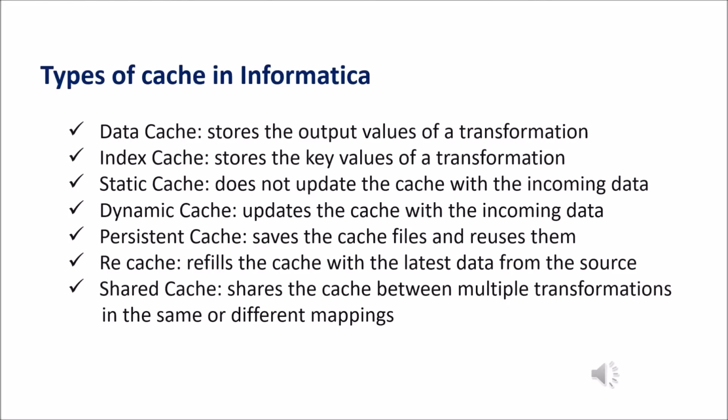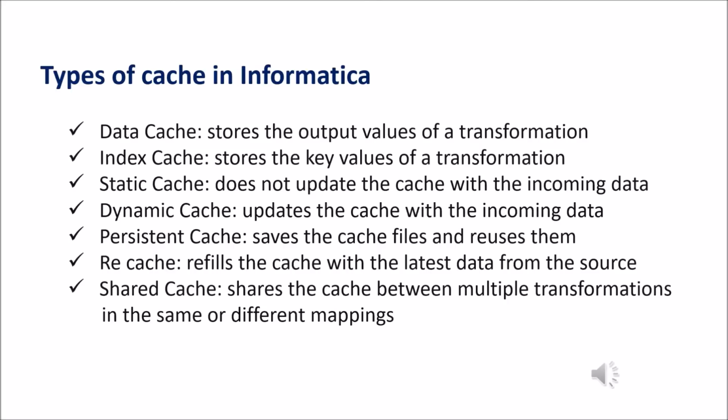In the shared cache, we have another cache, right? Shared cache. If we have multiple lookup transformations, then it will share the cache across these lookup transformations in the same mapping or in a different mapping. It's based on the naming.